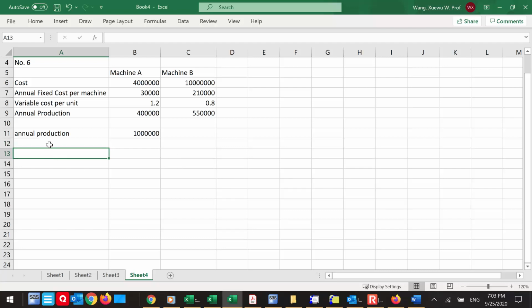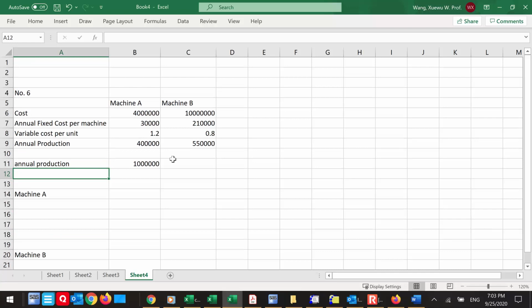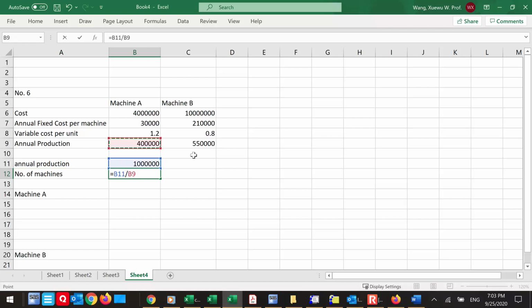So I'm going to look at machine A, and down here, I'm going to look at machine B. If I need to produce 1 million units, machine A is only going to produce this amount here, so I can look at the number of machines if I go with A or B. I take this and divide by the annual production from each machine, and I get 2.5.